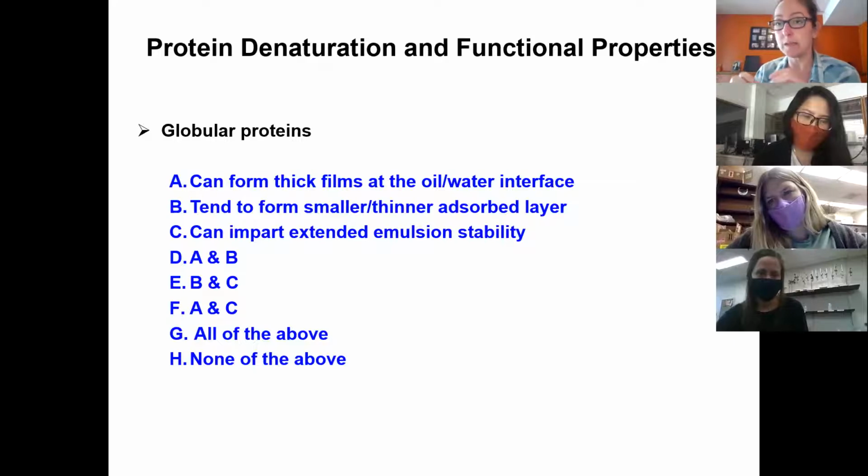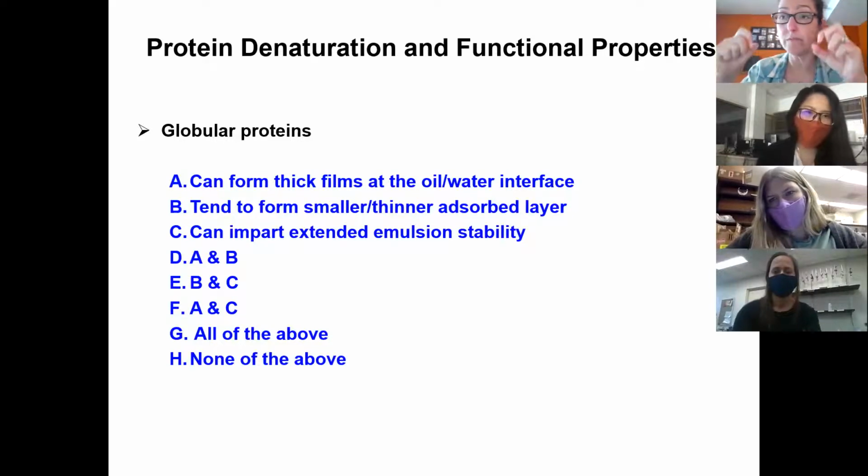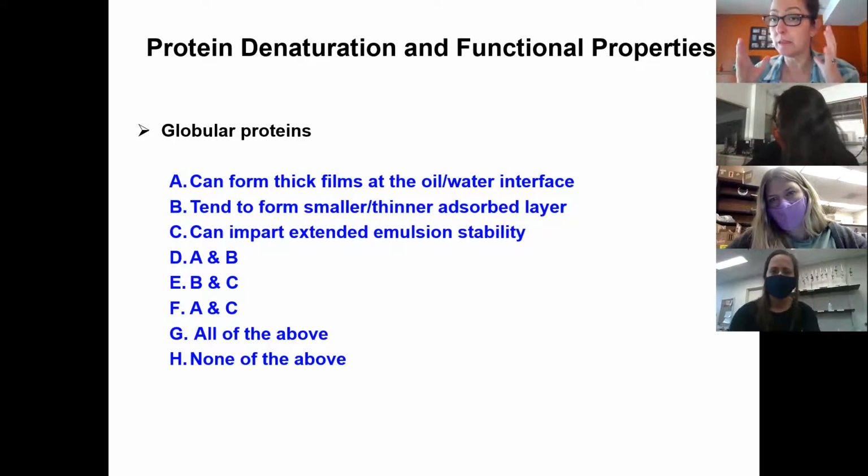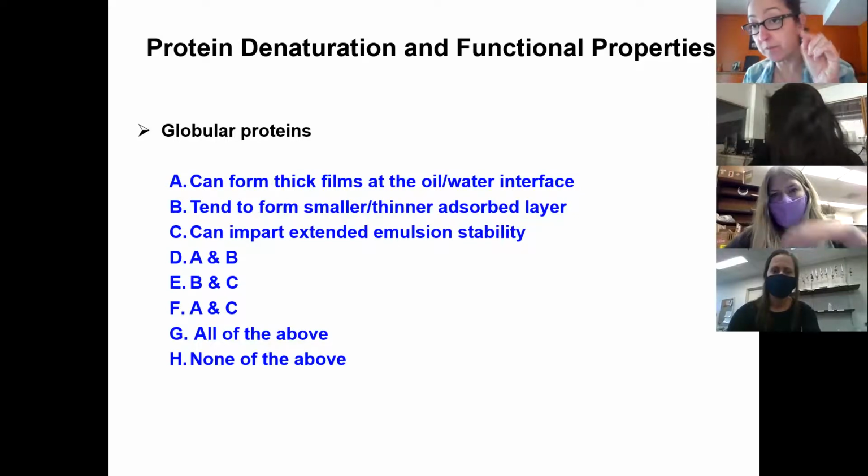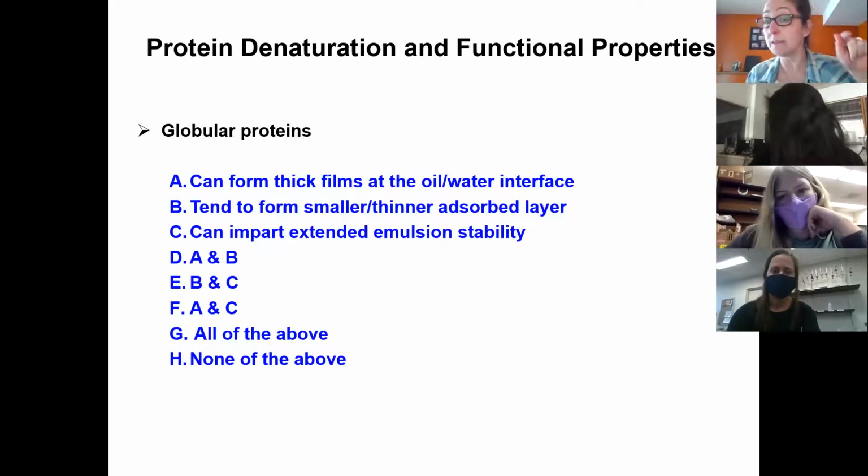That means the oil droplets won't fluctuate and won't coalesce to become one big oil droplet. So the thicker the film around the oil droplet, the more stable that emulsion is going to be. What would make the film thicker is the more proteins that make it to that surface.